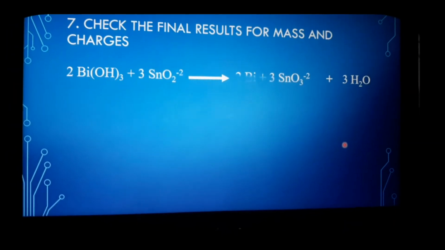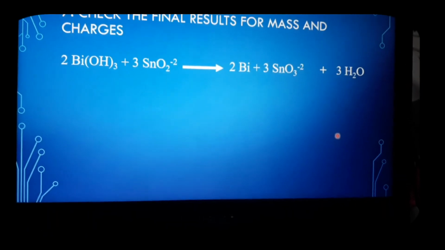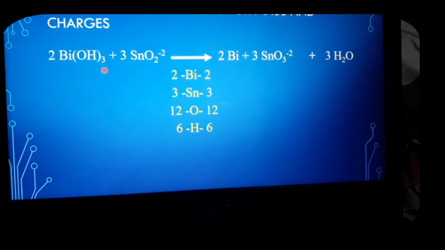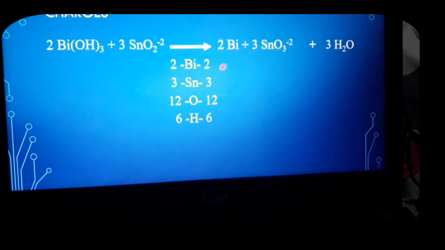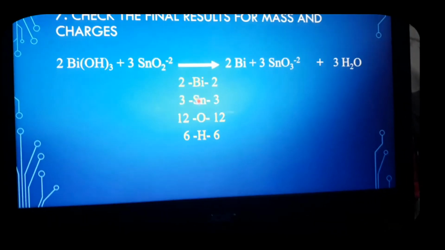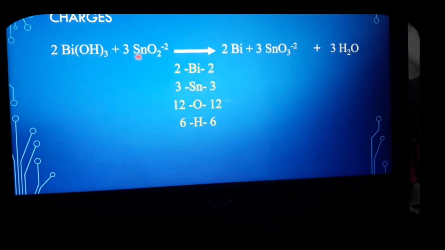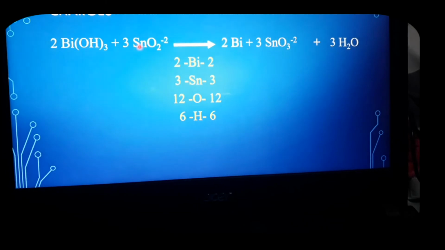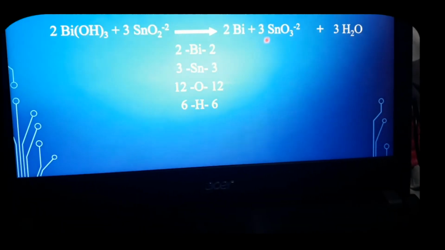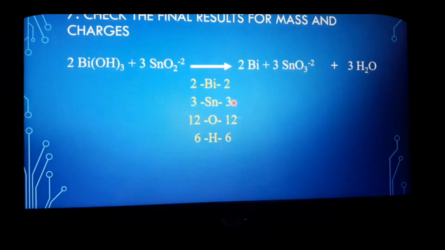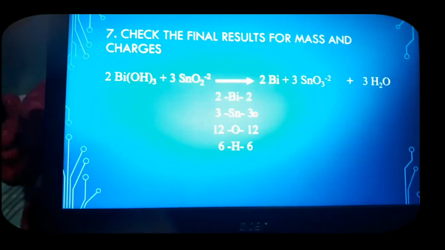So first, let us look at the mass. Let's count. For the bismuth, we have 2 here and we have 2 here. So balanced. How about tin? For the tin, we have 3 times 1 is 3. And on the other side, 3 times 1 is 3. Next, oxygen.